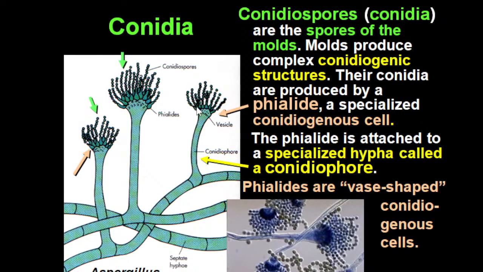They produce phialides, a vase-like structure with special conidiogenous cells. Why conidiogenous cells? Because these cells will multiply very quickly, and the result of their multiplication will be conidia or spores fixed on the surface of these conidiogenous cells.